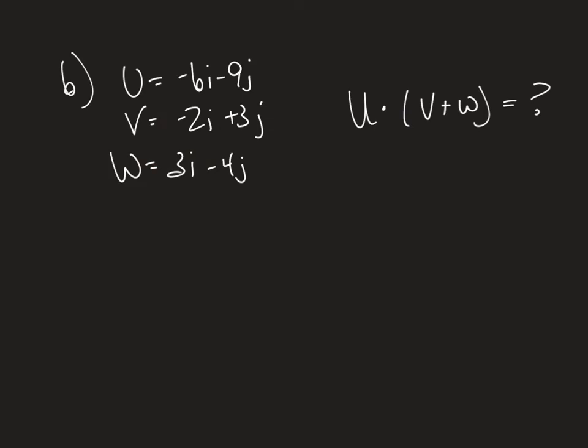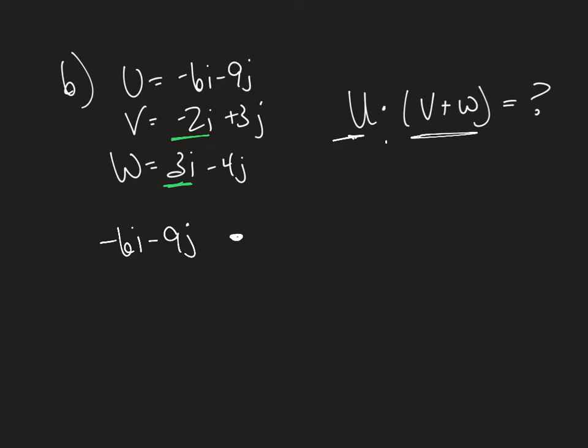So we've got three vectors this time. We want to do u, the dot product with v plus w. So what we're really doing is we've got negative 6i minus 9j dot product with what's going to end up happening is I'll write it together. So remember, adding or subtracting vectors, you are just adding and subtracting the i components and the j components.